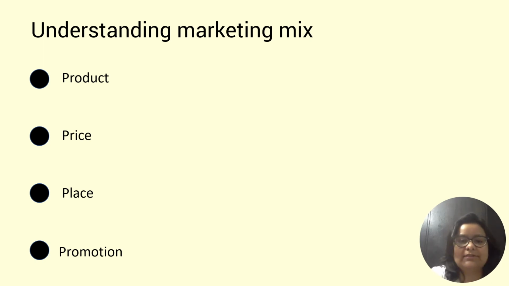Another thing to note is that all these 4Ps are closely interconnected, right? So, for example, if you do a price correction, ideally, you should do a promotion to ensure that your end customers know of the price correction or of any discounted sale which you have planned.